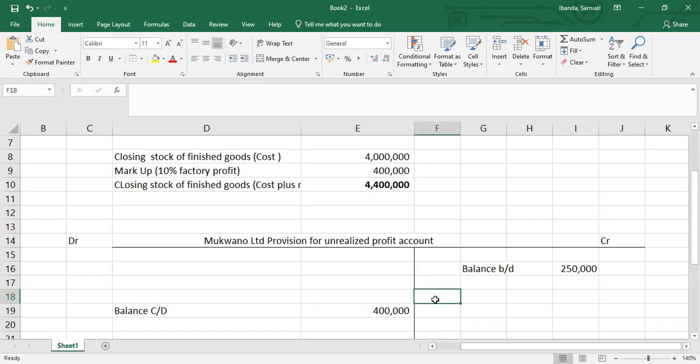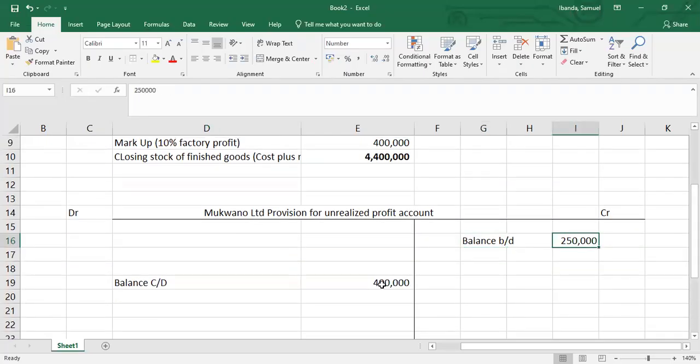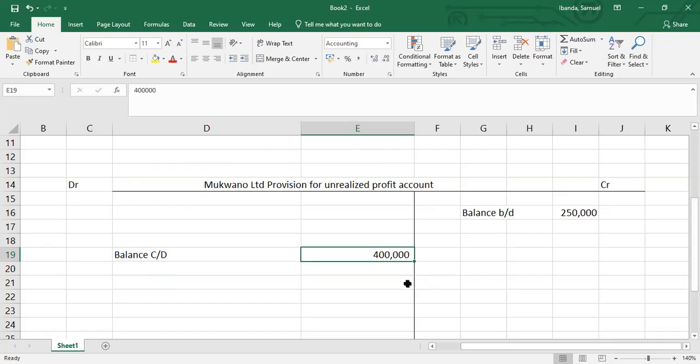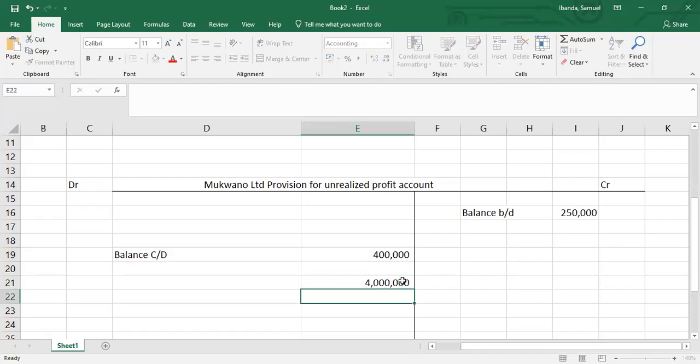So what we are saying is we are basically comparing the two things, but here we are doing it within the account. We can compare the two sides and see which side is higher than the other. As you can see, this side is higher, so this side will dictate the total. So the overall total will be 400,000.